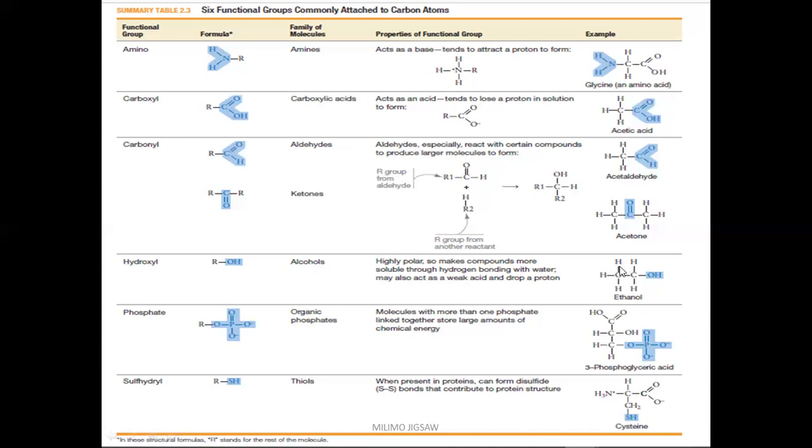Now we have an example of ethane, which is a hydrocarbon. Ethane is a gas at room temperature.